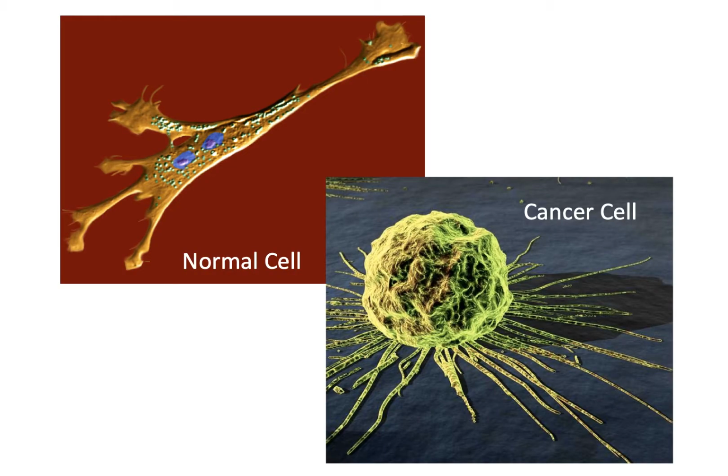Most cancer cells have several characteristics. If you look at a normal cell, usually a normal cell will stretch out, and it will eventually be inhibited by cells around it. So it'll take on a specific form for a specific cell type.